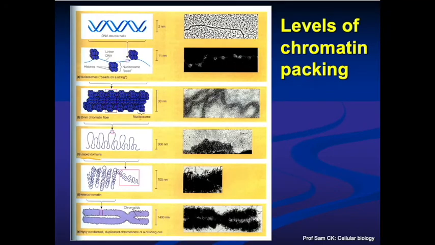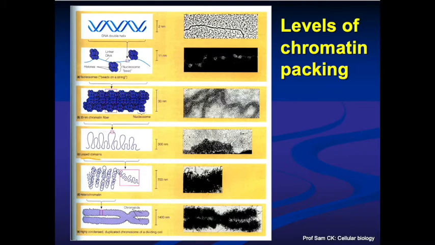You can see here, it is further condensed into the heterochromatin structure. This is how it looks under the microscope. This segment of chromatin is so highly compacted that it appears as a dark region under the micrograph. It's called the heterochromatin.